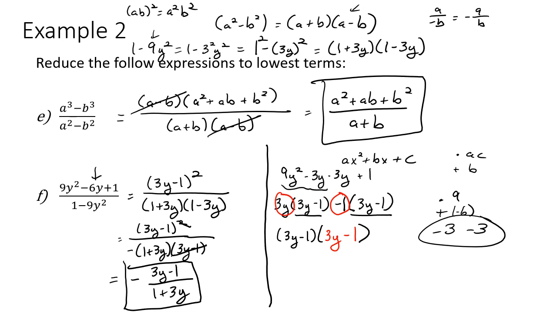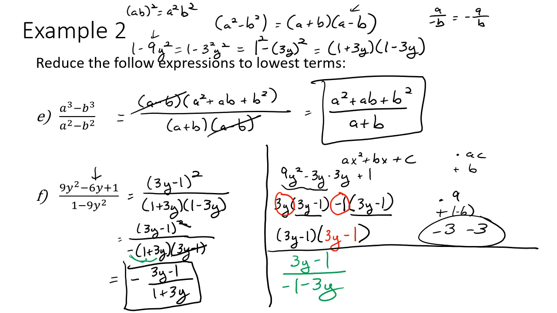You could do a lot of different things with that minus sign. So for example, you could instead distribute it through the denominator. So you could also write 3y minus 1 over negative 1 minus 3y. Or you could actually distribute it into the numerator as well.